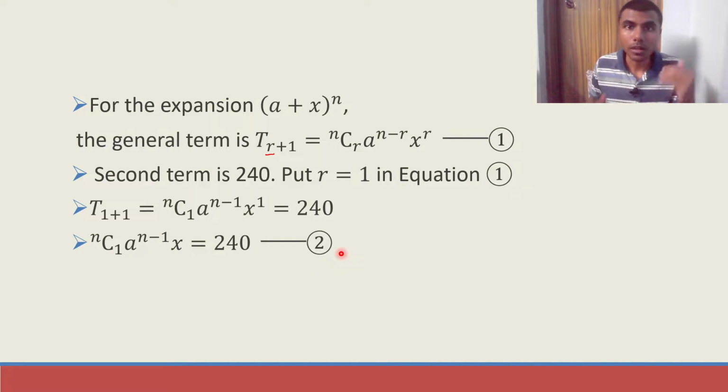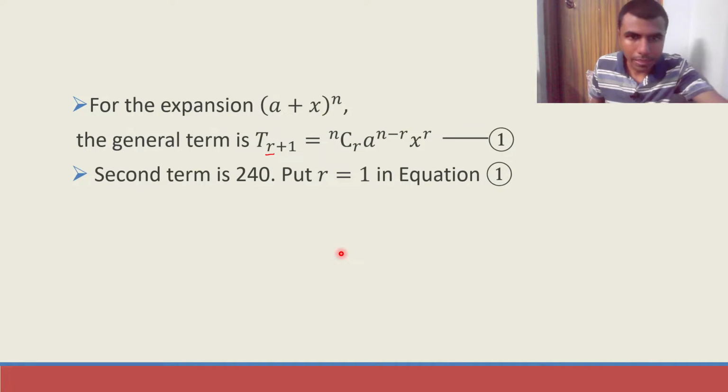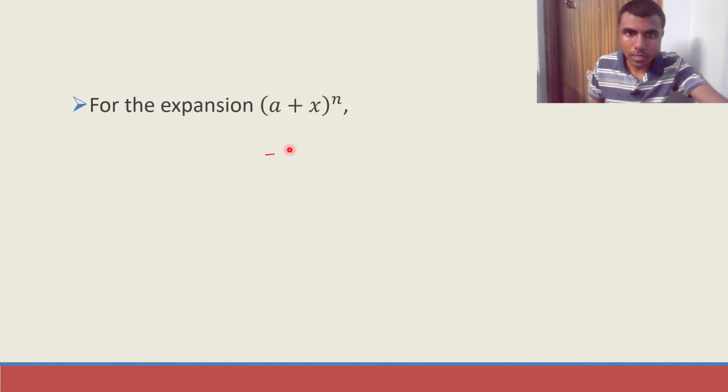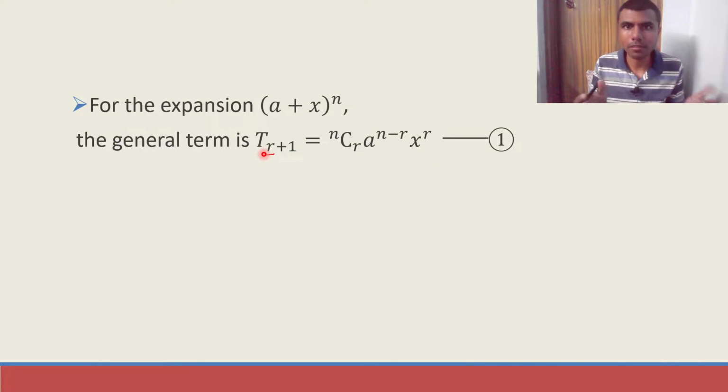Now next, what is given? We are given that the third term is 720. So to get the third term, we should put r as 2 in equation 1.